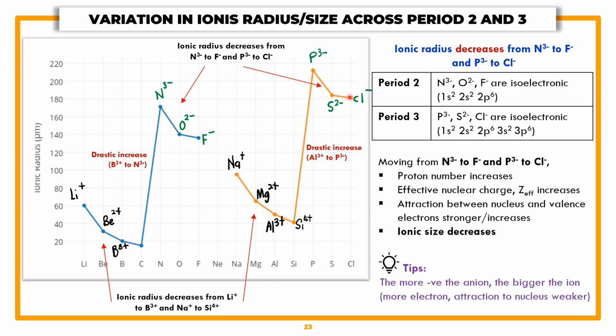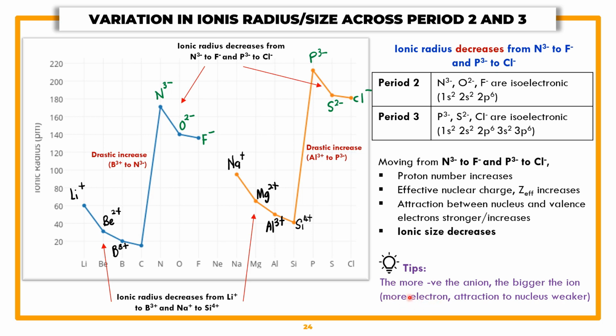Oleh itu, their valence shell and valence electron will be attracted more to the nucleus. So ini yang akan menyebabkan going from left to the right of the anion region, the ionic size will decrease.